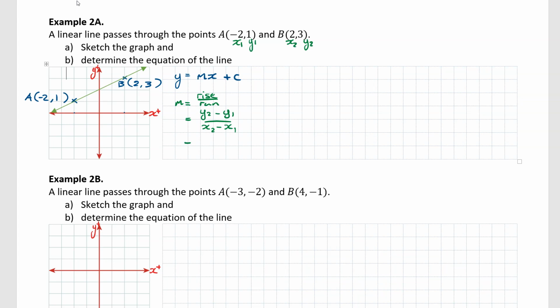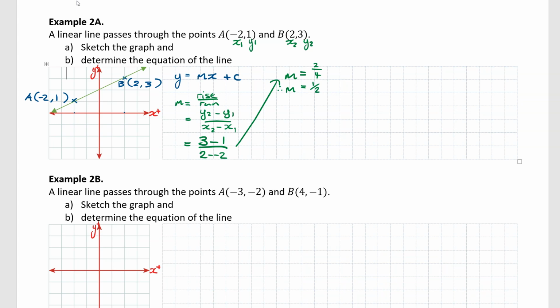Now, grabbing these values that we've defined up here, I will start with y2 actually, it will be 3 take 1 all over 2 take -2, and therefore in this case m is going to equal 2 over +4, and therefore m is equal to 1/2, like so.